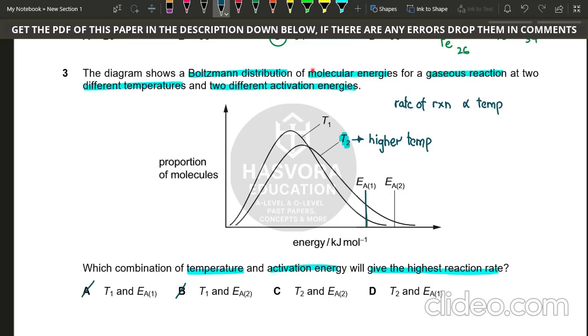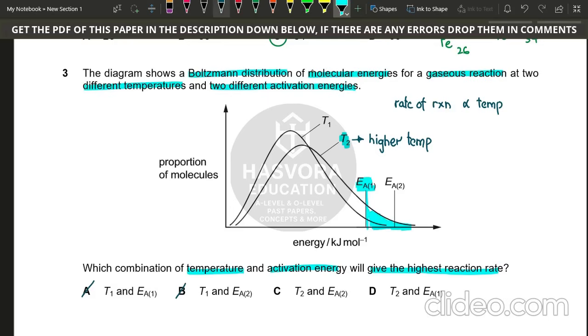So if I lower this activation energy, or you can say the energy barrier that is required for the reaction to occur, this means more particles, or you can say molecules, will be able to react together. So EA1, which is the activation energy 1, indicates that more molecules have the energy to react together.